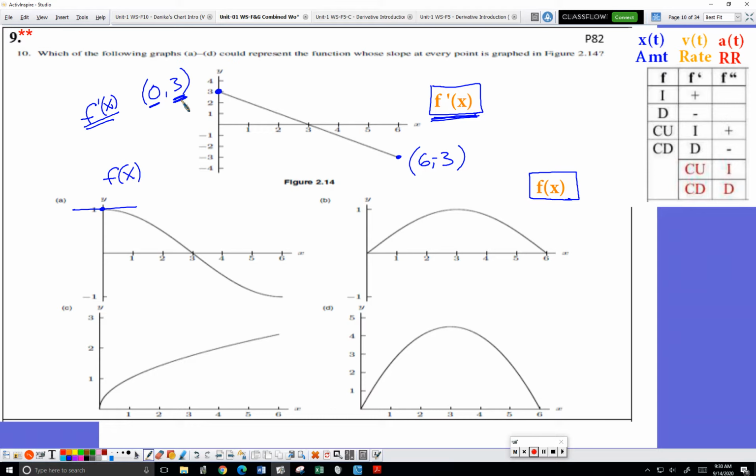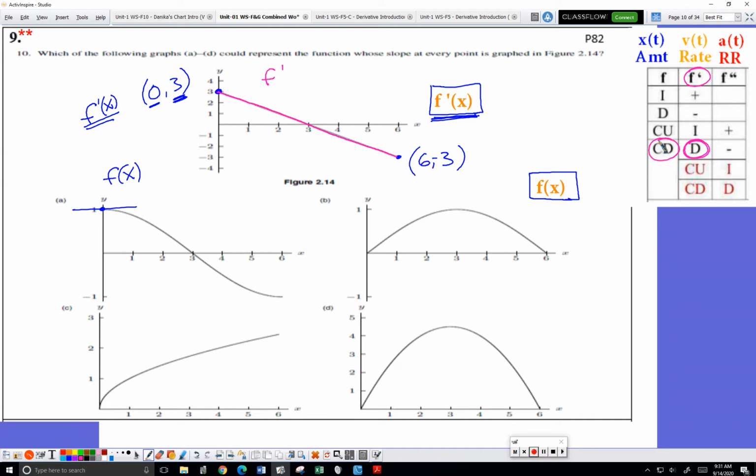Oh, please, Charlie. Well, can't you just see that f prime is decreasing the whole time, so you can cancel out A and C? So what Charlie does, he says, okay, skip looking at points on this one. I see f prime here. The y-coordinates are always going down, which means if my f prime is always decreasing, my f should always be a concave down shape.